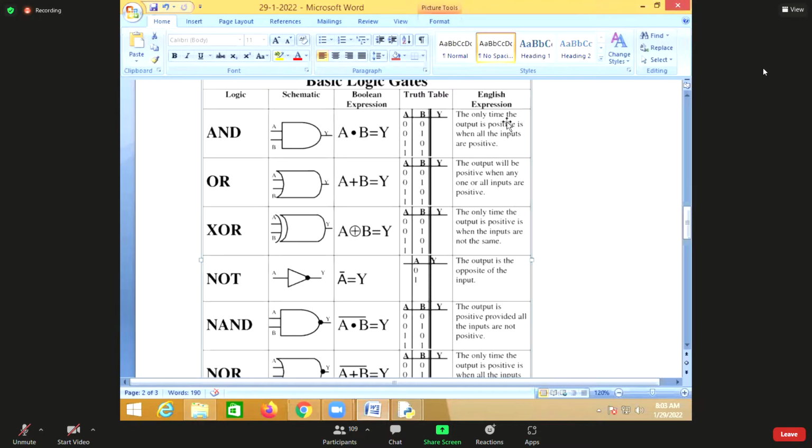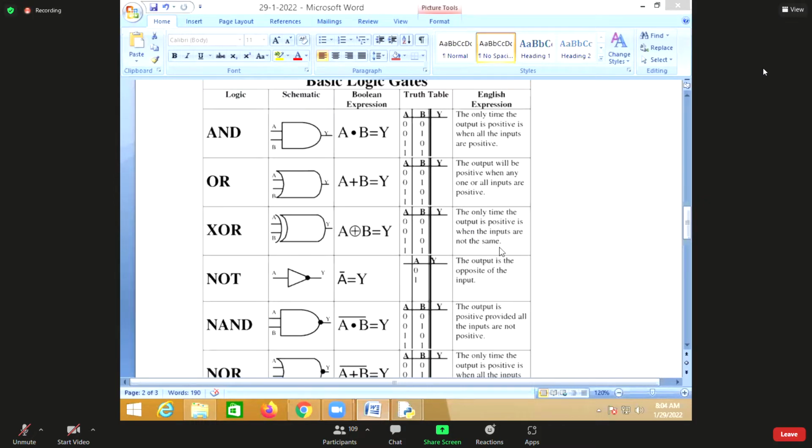So 0 is negative and 1 is positive. For the next gate, the output will be positive when any one or all inputs are positive. For the next one, the only time the output is positive is when the inputs are not the same.